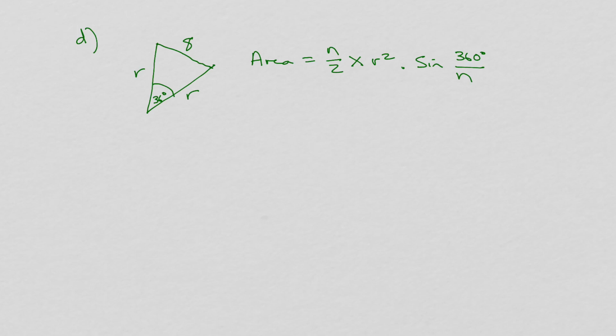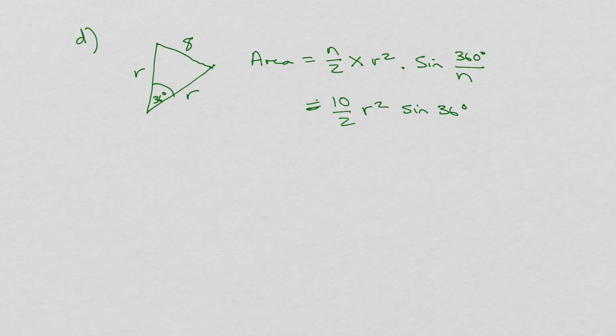There's no problem with that. n is the number of sides, which is 10. And we just need to know what r is. We've got the angle. So the number of sides is 10, so that's 10 over 2 times r squared. And then this is going to be sine of 36 degrees.